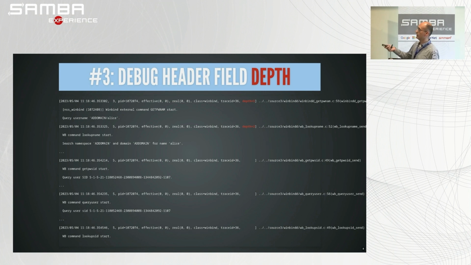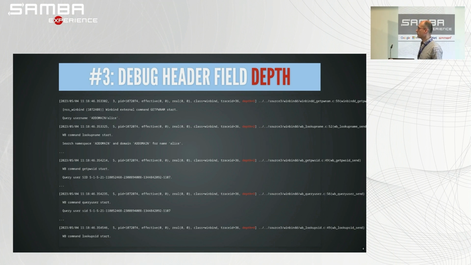That's expected, because the first one is the external one, and if it triggers something, it's for sure depth 2. This one is also on depth 2. It means it was not triggered from here, but for sure from here. The next one has depth 3, and this one has depth 4. So now we know what the call flow was here.